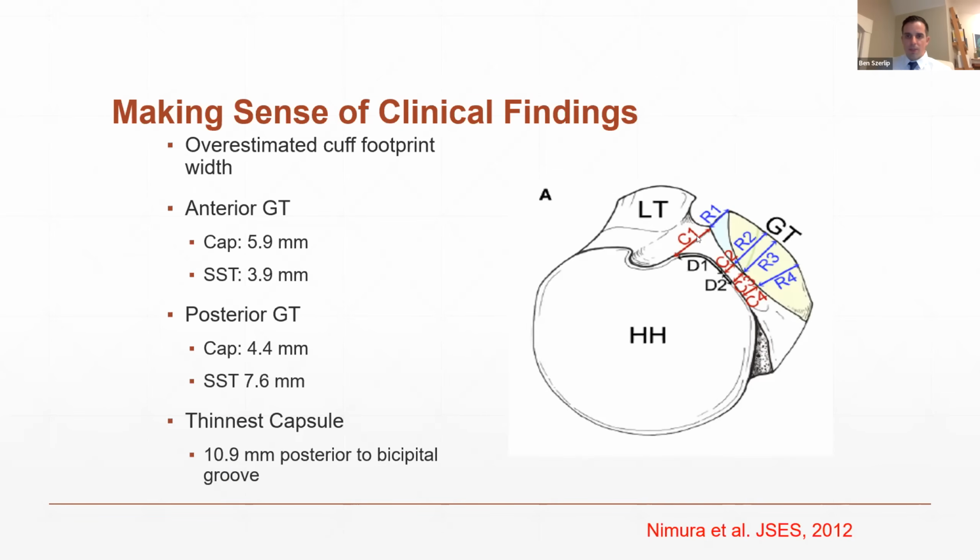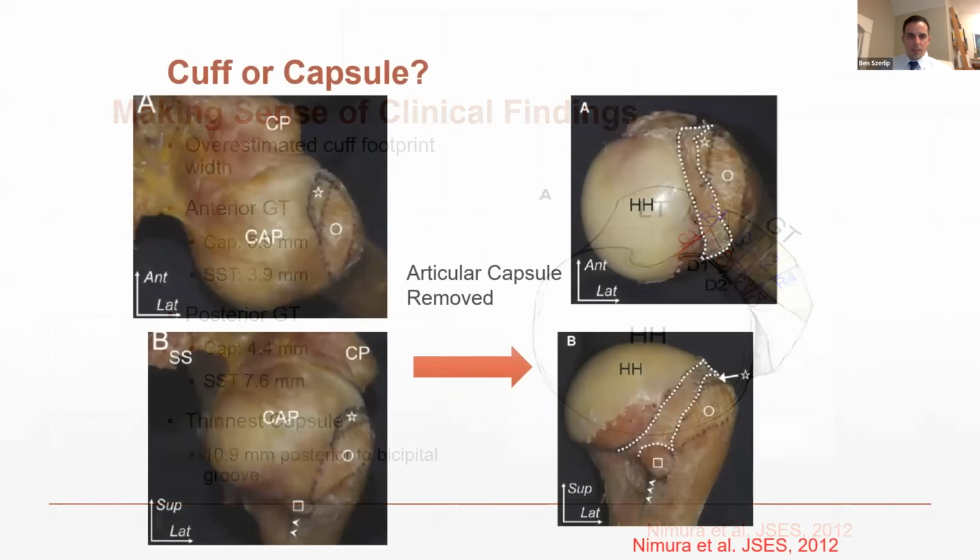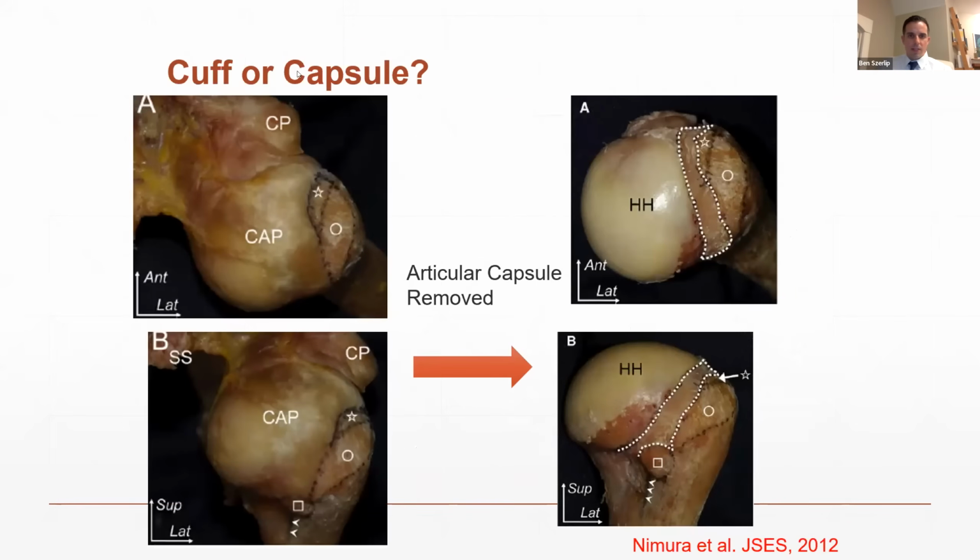So this is one of the pictures if you're looking at the axial view. We think that the label C is a capsule, and then this is actually the rotator cuff on the greater tuberosity, which we know makes up the 3 rotator cuff tendons, and the lesser tuberosity has the subscapularis. There is some argument that there's some crossover over the bicipital groove. Let's see. So this is the picture from the study from Japan.